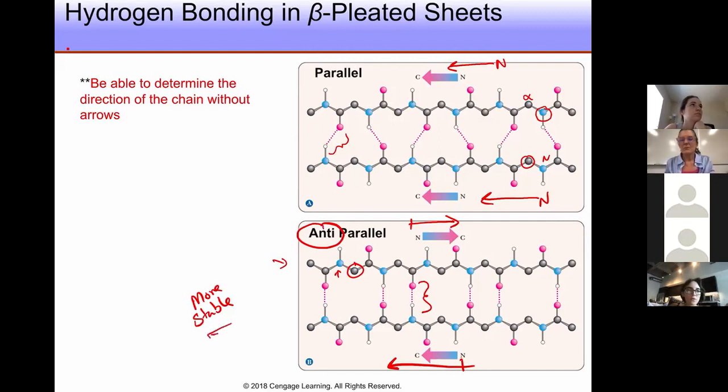So how do we know the direction of the arrows? Do we just have to figure out like the colors, like what is what? Yeah, so here's a peptide bond, right? What's not in the peptide bond is your alpha. So if you're looking at the backbone and you have an alpha and the N is on this side, that means the amino terminus is on this side.